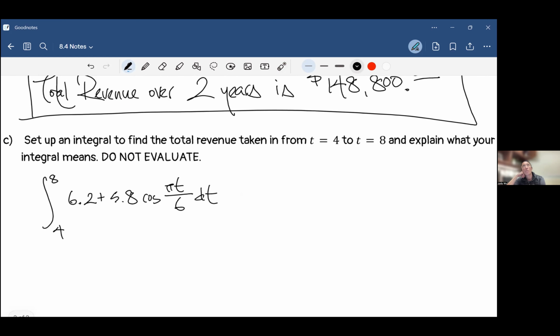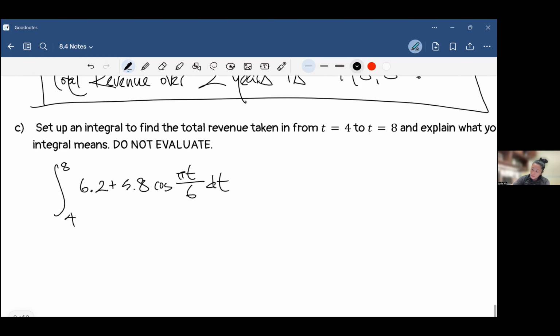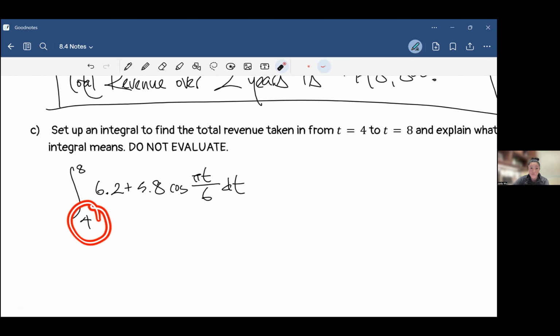Okay. Now, what did 0 and 24 mean? 0 meant 0 months. 24 meant 24 months. So this 4 right here means 4 months. And this 8 right here means 8 months.